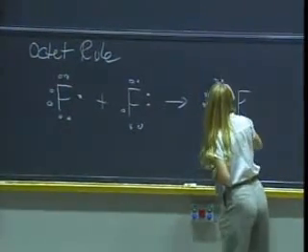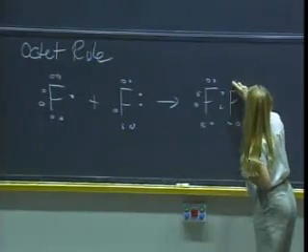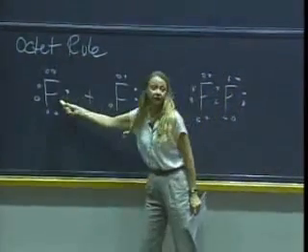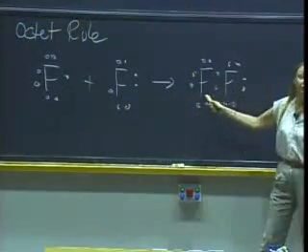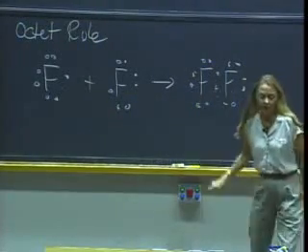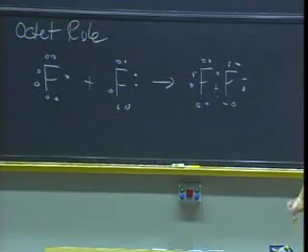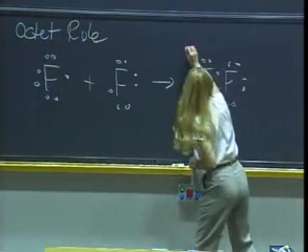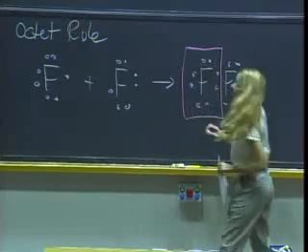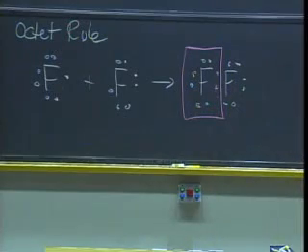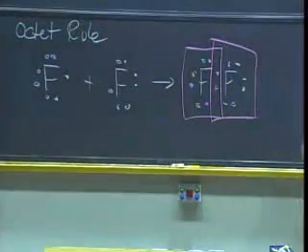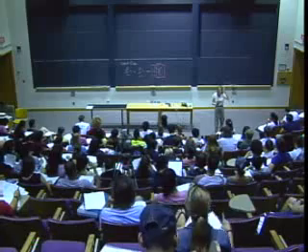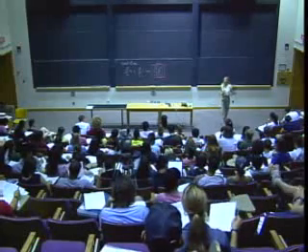Well, the idea is that each one of these unpaired electrons on the fluorines is shared between the two fluorines. The result, given the sharing, is that this fluorine has an octet of electrons around it, right? And this fluorine now has an octet of electrons around it. They have this octet configuration, which is the lower energy filled shell configuration.